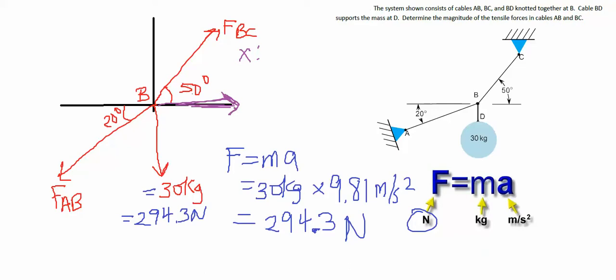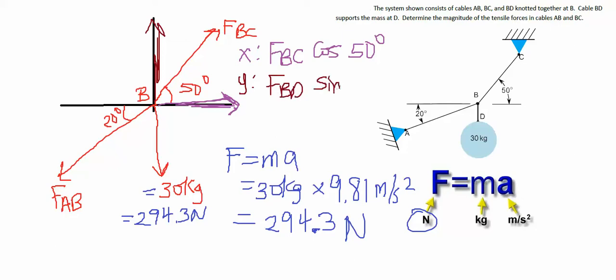Since this angle is 50 degrees, your x component will simply be the force BC times the cosine of 50 degrees. Also for the y, that would be FBC sine of 50 degrees.